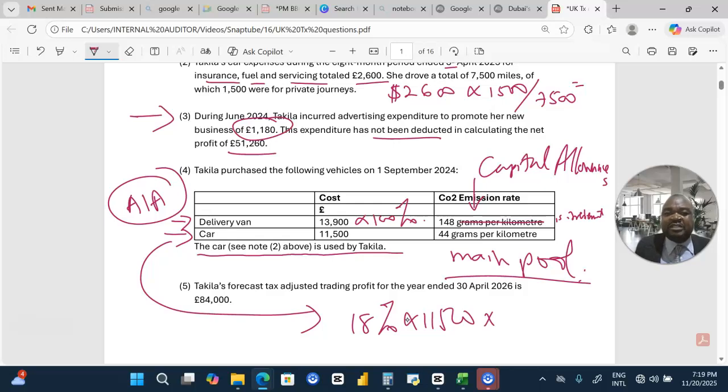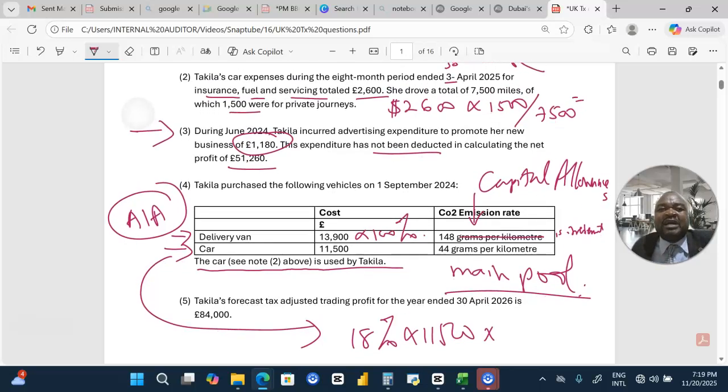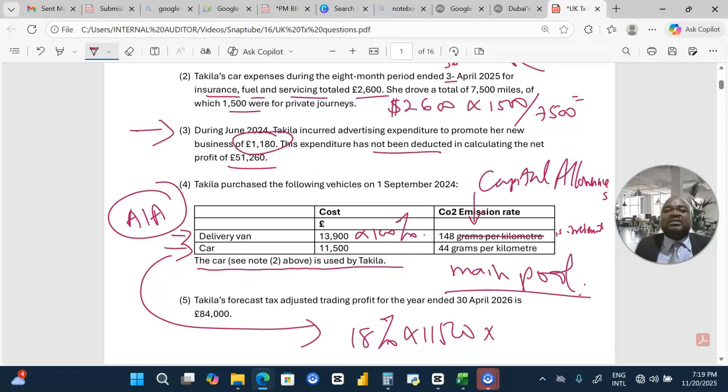We are told that they traveled 1,500 for private journeys, but the remainder, that's 7,500 minus 1,500, we come to 6,000. So 6,000 miles over 7,500. These are the business trips. All right.